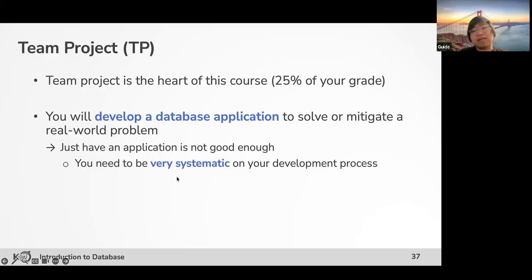If you don't like it, then in the future you don't need to use this approach. I just want you to try following these steps first, then you decide whether you love it or not. If you haven't tried, how do you know whether this is good or bad? So I will give you a development process that you need to follow. We're going to talk more about this after the new year.